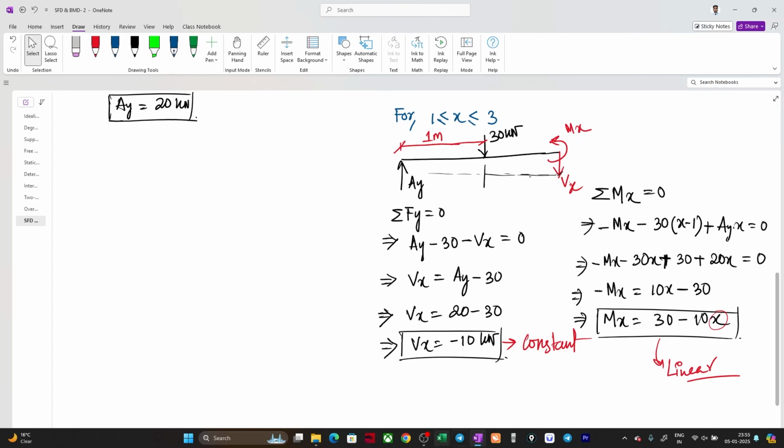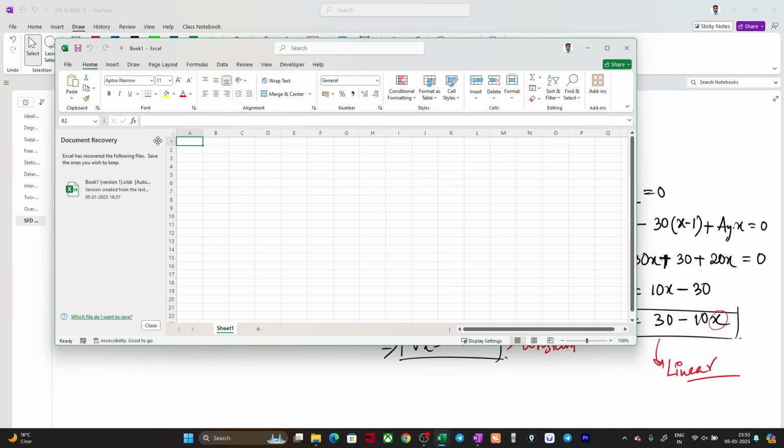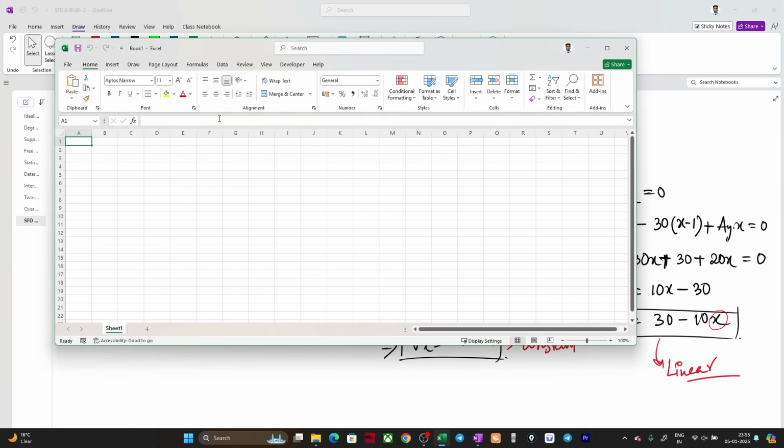So now let me make an Excel sheet to create the bending moment and shear force.